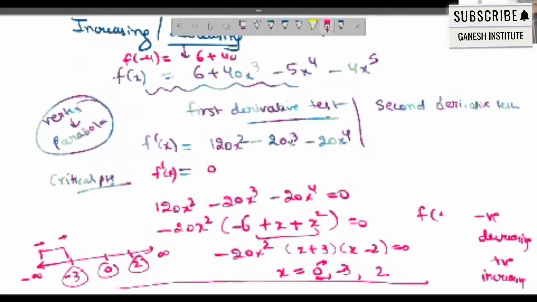So 6, 40, and check whether it is coming out as negative or positive. Once you find that out, if it is negative, that means it is decreasing. Oh, understood.